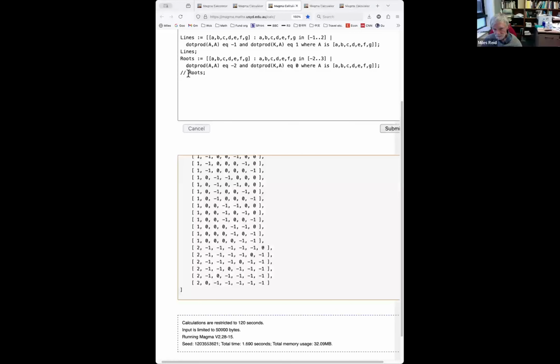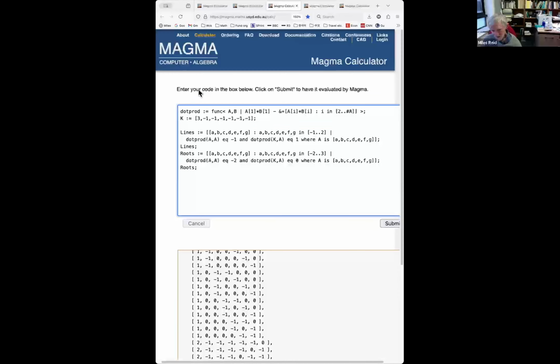Okay, so the error was I defined this dot product to be a function of whatever you put there, and the function assumes implicitly that both Ai and Bi have the same number of entries.